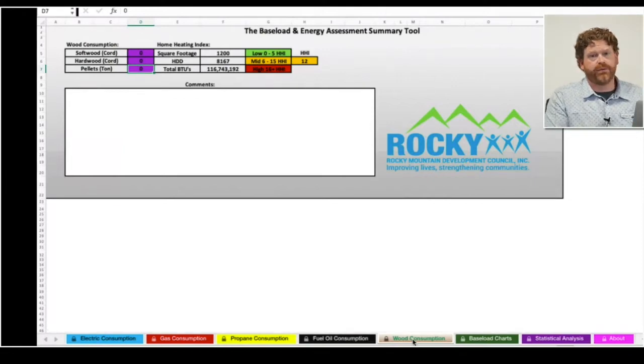Now, when we get away from metered energy sources, things get a little bit more difficult. When we don't have the printout from the utilities saying exactly how many kilowatt hours, we have to ask the client and do it as best we can. We do have inputs for softwood, hardwood, and pellets.